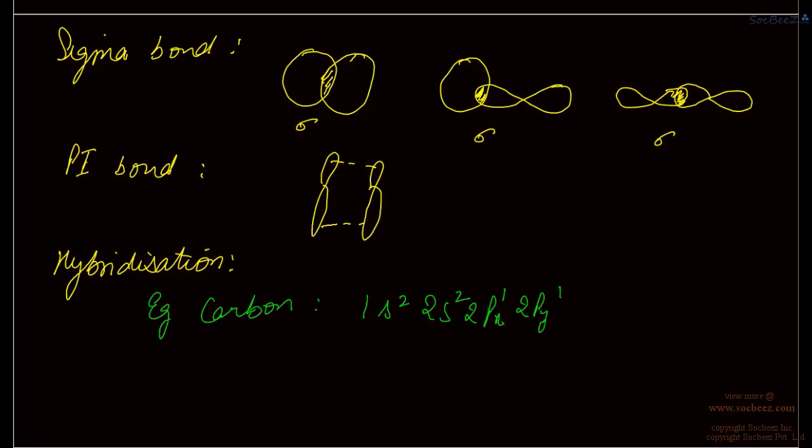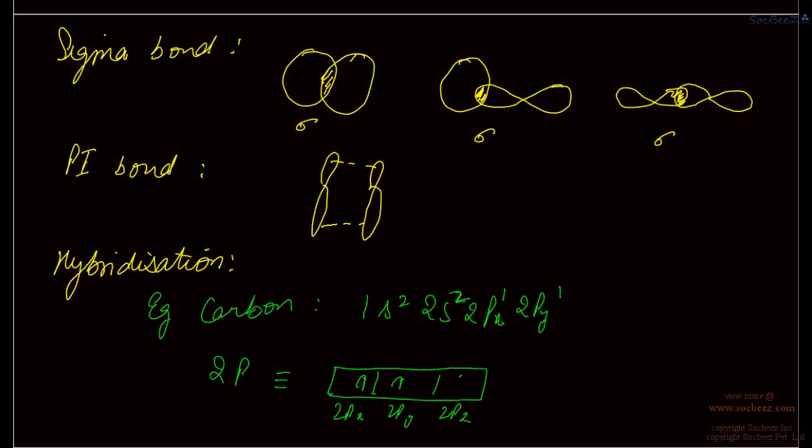To justify this, the concept of hybridization was developed: whenever carbon transforms into the excited state, we know that there are a total of 3 2p orbitals, 2px, 2py, 2pz. In carbon, the 2pz orbital is empty in this case, so one electron from the 2s orbital goes into the 2pz orbital.